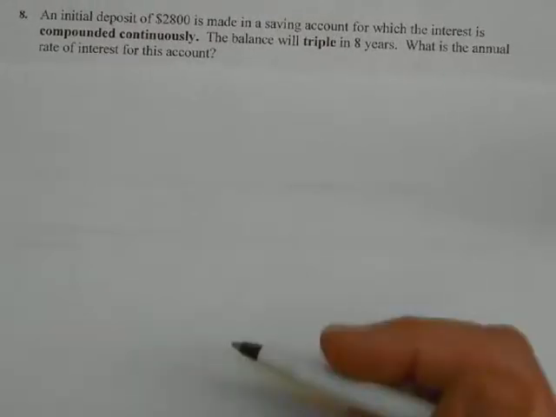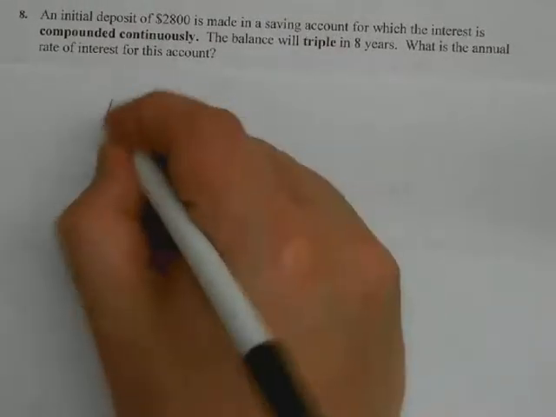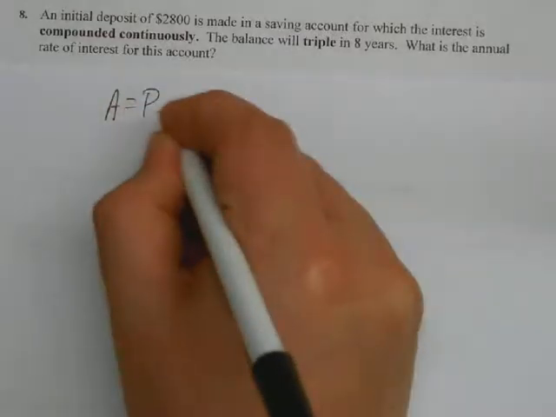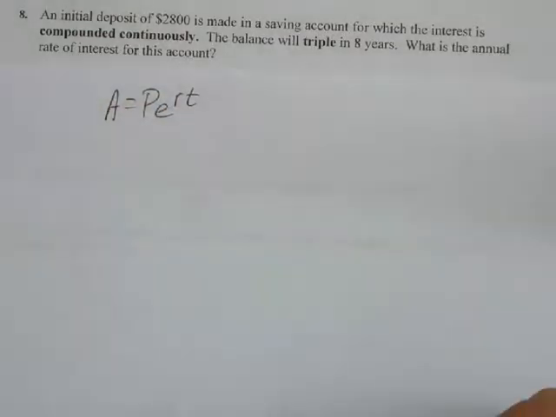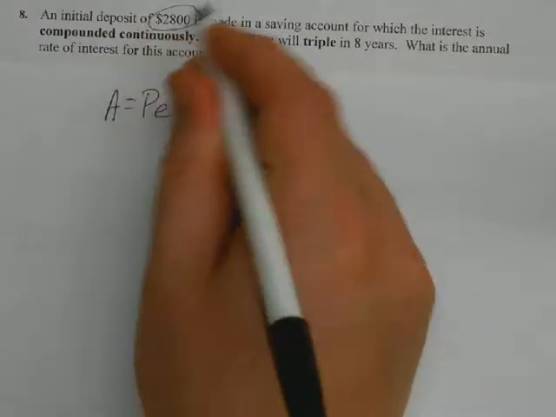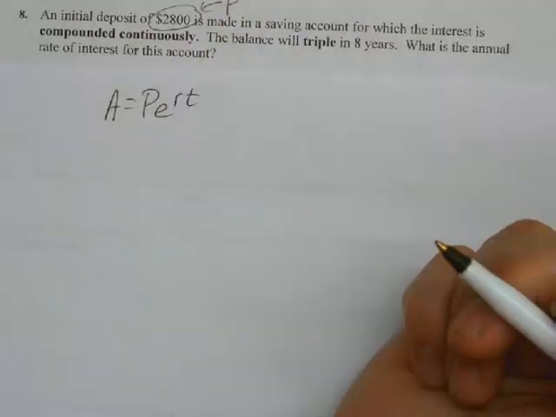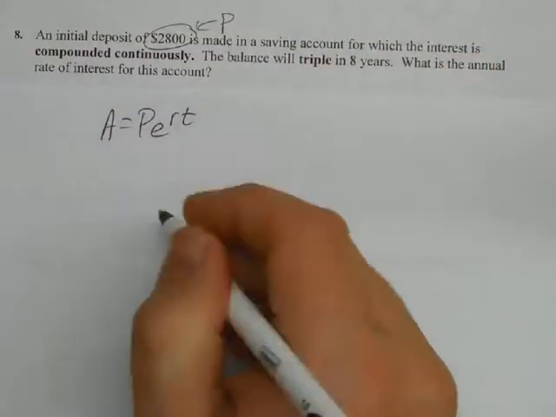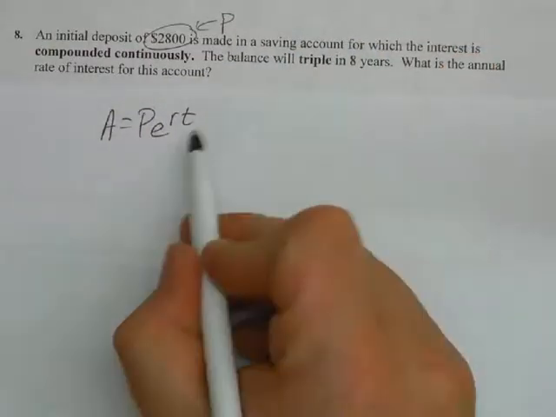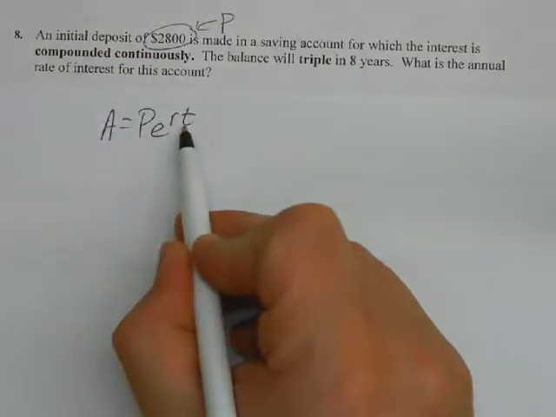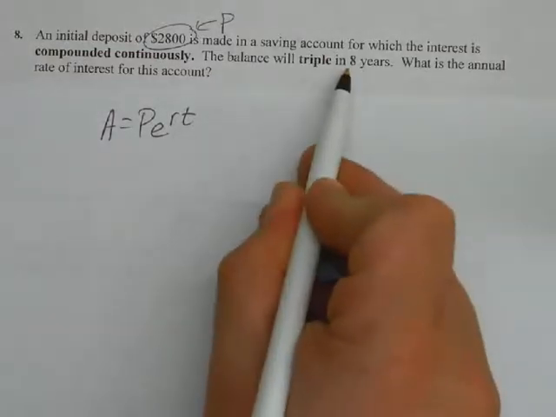So number 8, we've got a compounded continuously problem. So there's the equation we're going to use. Initial deposit of $2,800, so that's our P. The rate is what we're looking for. T is time. That's the 8.